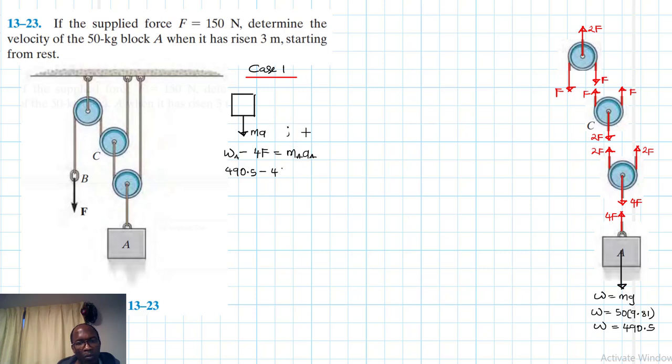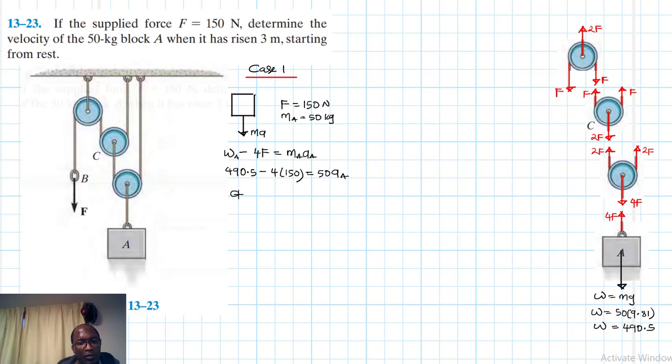We know that our F is equal to 150 newtons, so this is just 150, and our mass, we know that is equal to 50 kg, so this is just going to be equal to 50 by aA.